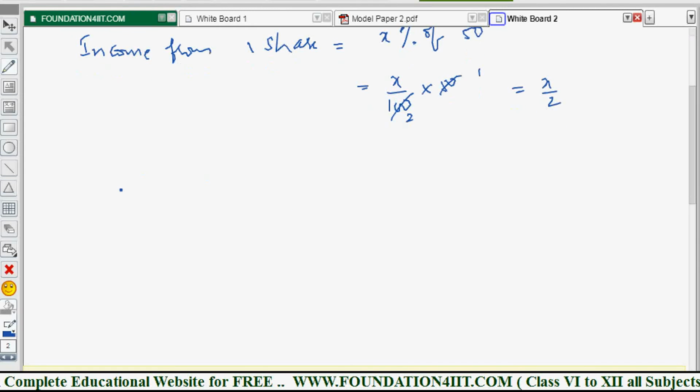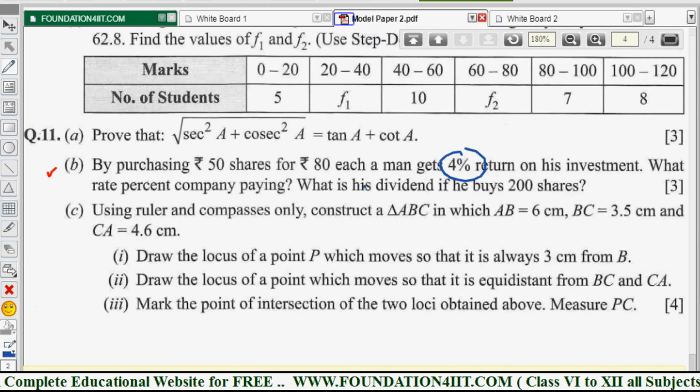So income from one share, that is the formula if you apply, return. So they mention 4% only return.